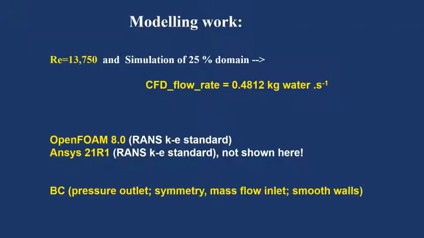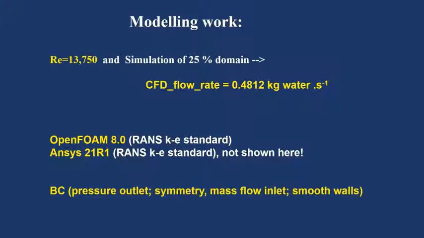So the previous slides, as I said, were measurements, and now I will speak about the modeling work, which was performed with OpenFOAM and also with ANSYS, whose results are not shown here, only OpenFOAM.